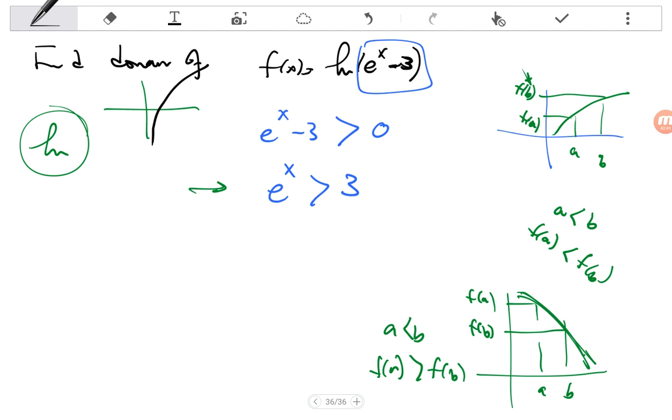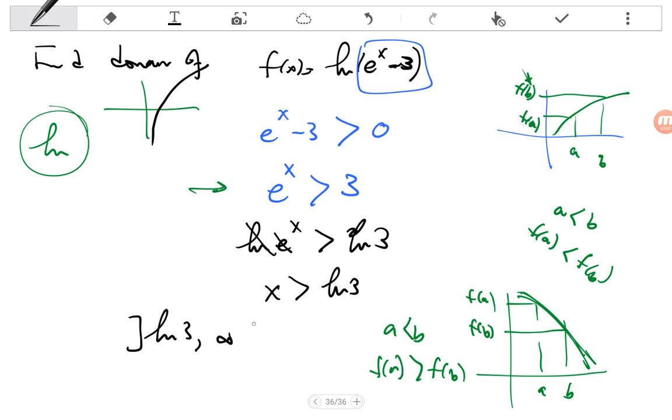So I may just take the ln of both sides without any changes for the inequality, as if it was an equation. So in this case, I would just say that ln e power x greater than ln 3, and x will just be greater than ln 3, and that is exactly the domain of the given function.